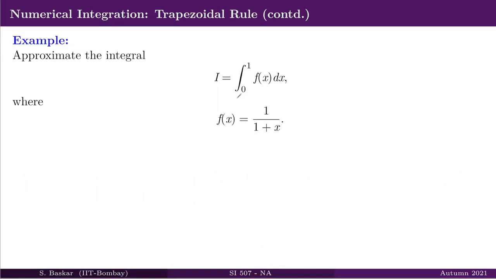Let us consider finding the integral of the function 1 by (1 plus x) over the interval 0 to 1. You can directly, in fact, find the value of this integral, and that is given by log 2, which is approximately 0.6931.